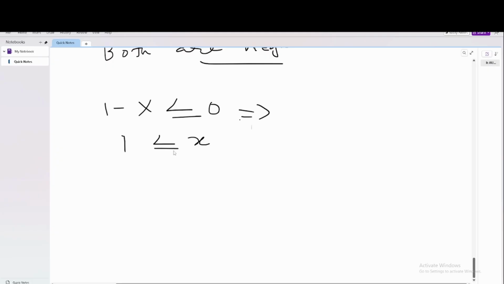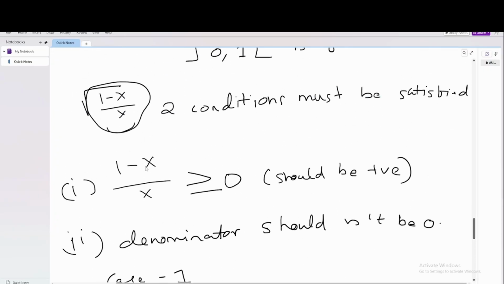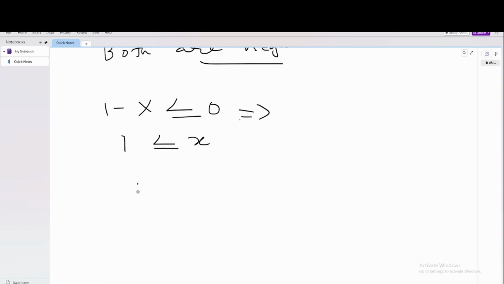But the denominator and the numerator should have the same sign, so x must be less than 0 by these conditions.